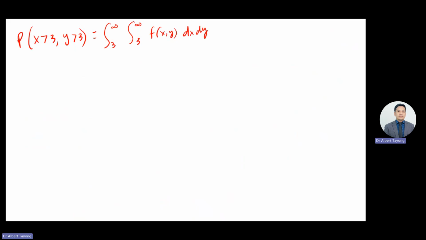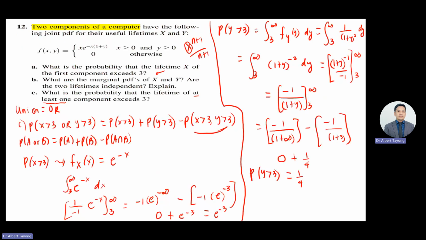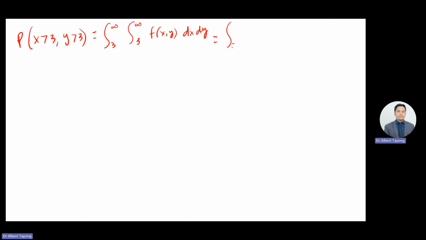Our function we have already here, x times e raised to the power of negative x times the quantity of 1 plus y. So this is going to be 3 to infinity, again from 3 to infinity. And here we have our x times e raised to the power of negative x times 1 plus y.